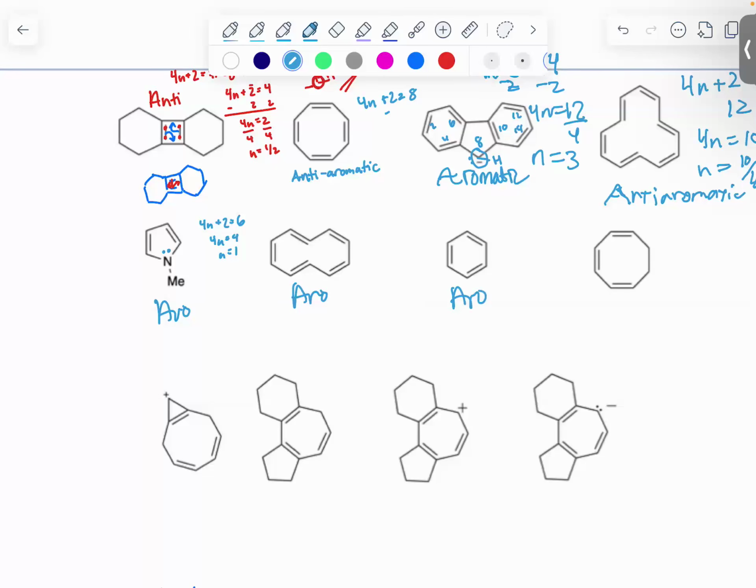And bonus question, what's this molecule called? Benzene. So true, guys. What about the next one? Neither. Why? Not conjugated. We've got two spots that don't have pi electrons.